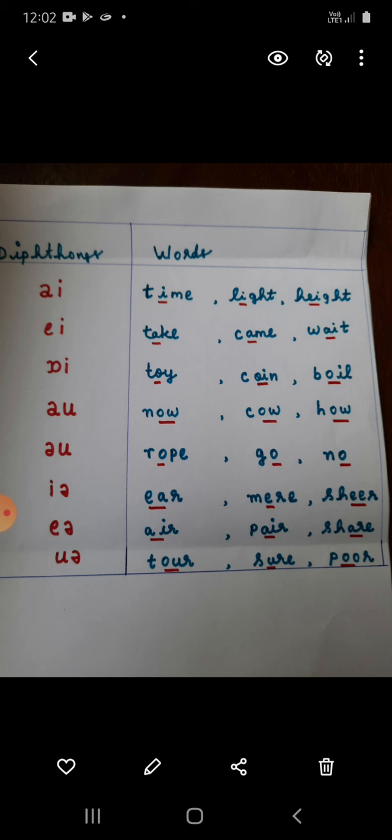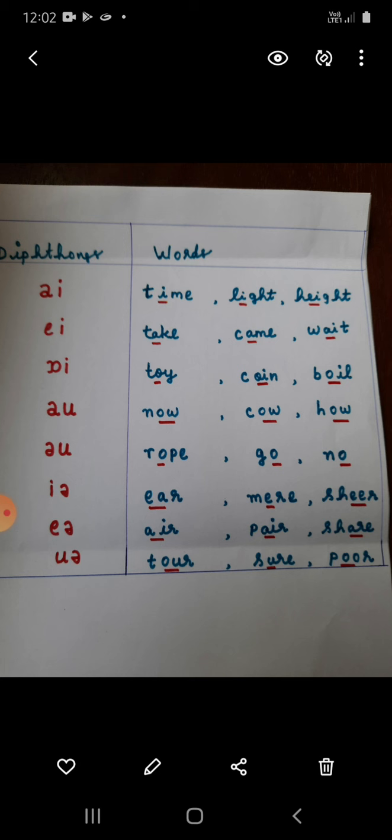Now we are passing on to ear. Very easy. That is e plus a sound. How to write that? Small letter I plus a reverse e. Clear? So the sound is ear. Then examples. The word ear itself is an example, E-A-R, ear.